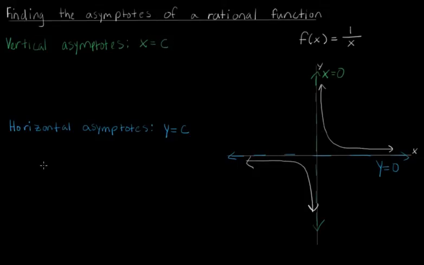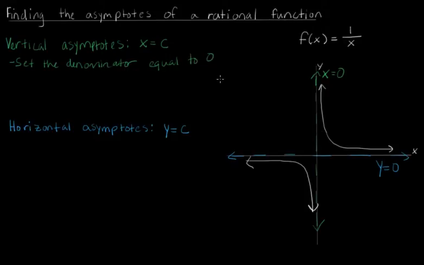So now we want to figure out how to find them. As you might have noticed, vertical asymptotes happen when the denominator is equal to 0. So to find vertical asymptotes, you need to set the denominator equal to 0.